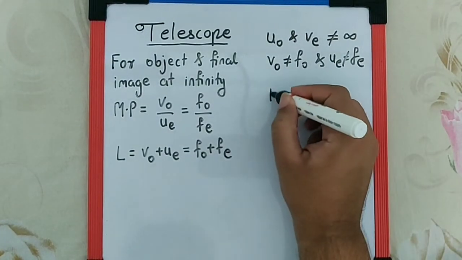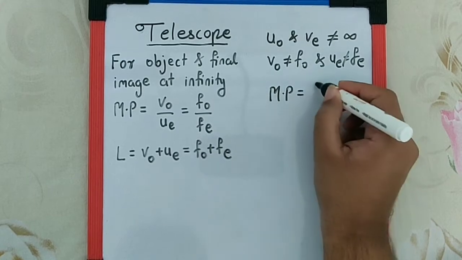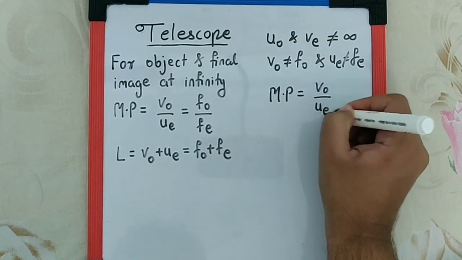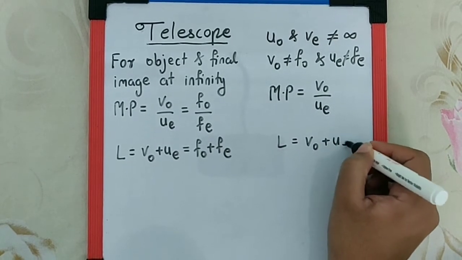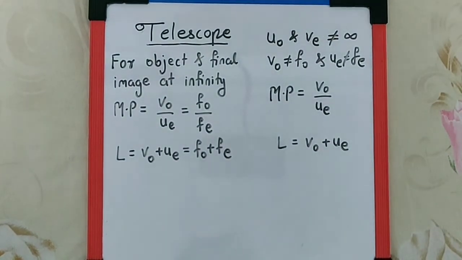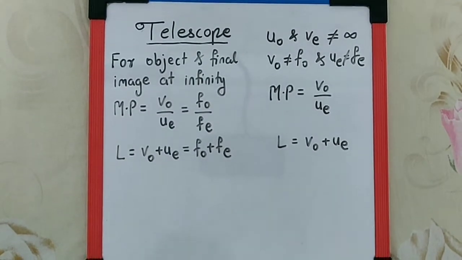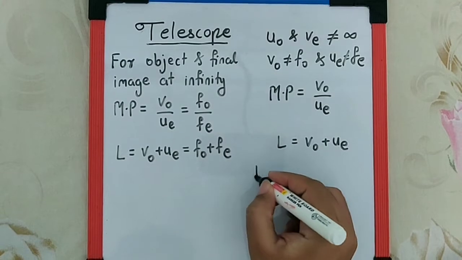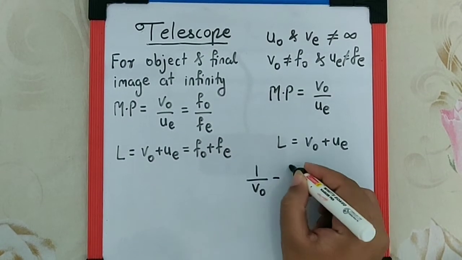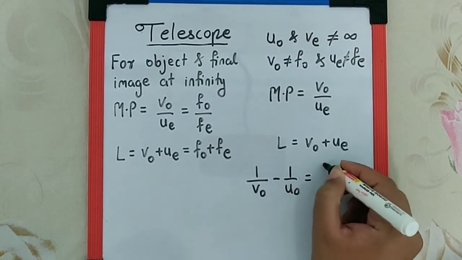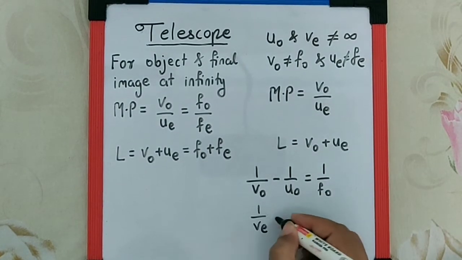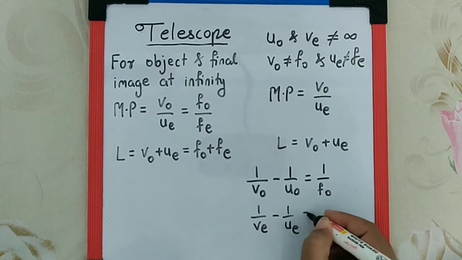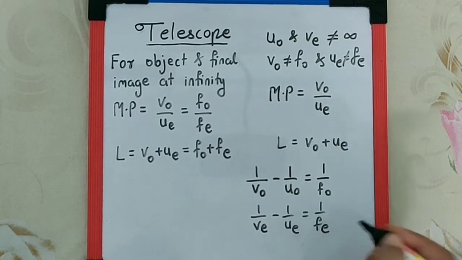And that means then the general formula of magnifying power remains as VO by UE and L remains as VO plus UE. Now to get the formula in terms of FO and FE, we have to use the Lensmaker equation, for which we can say 1 by VO minus 1 by UO is equal to 1 by FO and 1 by VE minus 1 by UE is equal to 1 by FE.